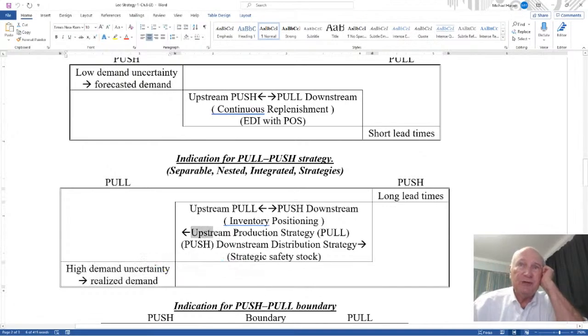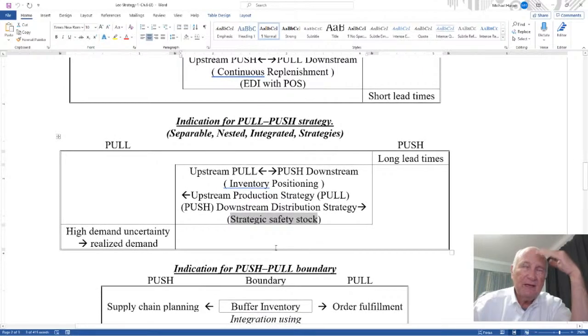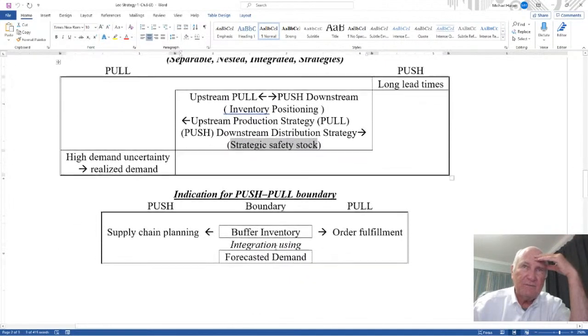So upstream production strategy is a pull. Downstream distribution strategy is a push system because of the inventory positioning. So therefore, you have strategic safety stock. This is supported by the strategic safety stock downstream that we saw back in inventory.